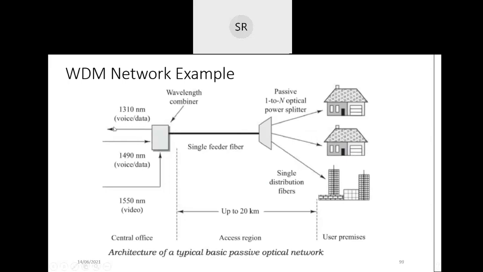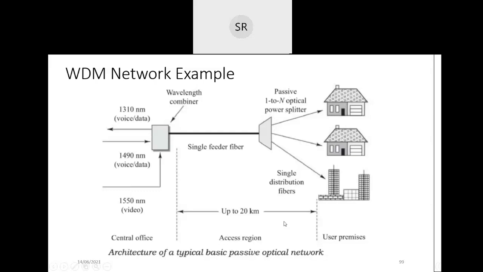Another architecture. These are all examples of how signals are connected from a central office to the user premises. So that is the central office, then a single feeder fiber. Here the multiple channels are combined, and then separated here for distribution of the channels to the different users.